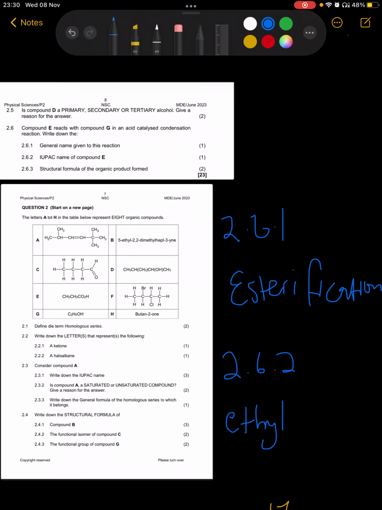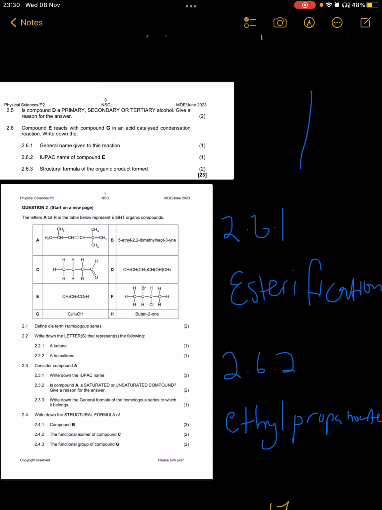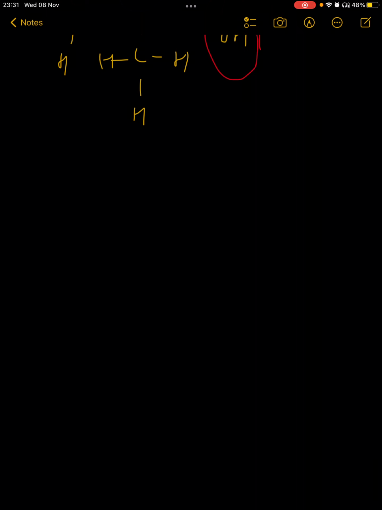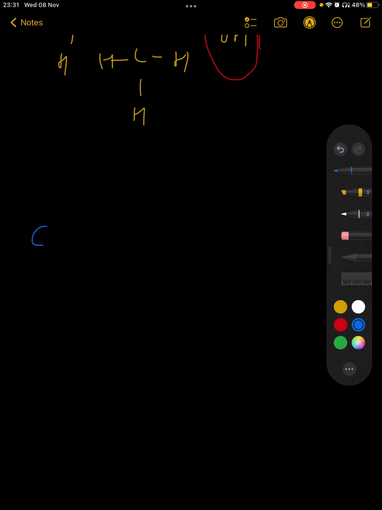Then what carboxylic acid do we have here? It's 1, 2, 3, which makes it propanoic acid. Ethyl propanoate. Okay, then they want the structural formula of the organic compound formed. Now we need to draw this structure of ethyl propanoate. Ethyl, so it's coming from the alcohol.